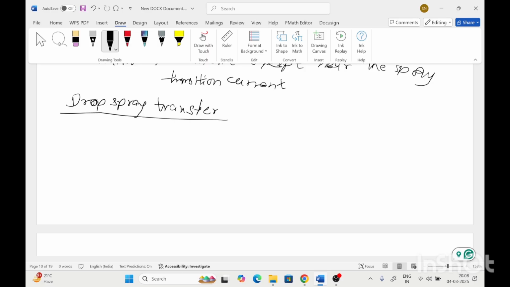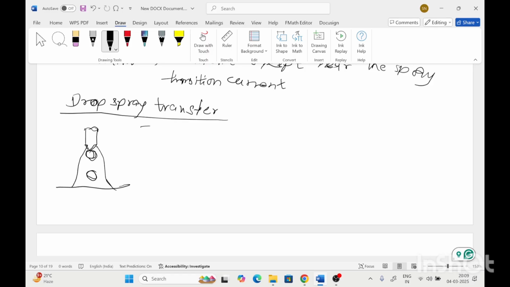Drop spray means in this case the current is kept in that range that droplets form at circular and will also transfer with a certain frequency.